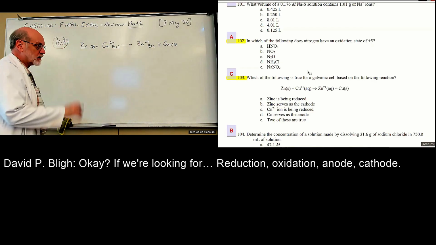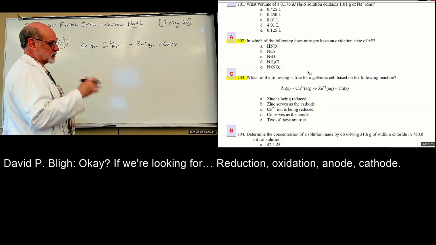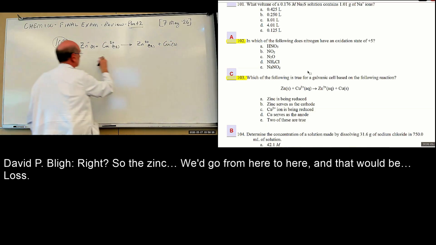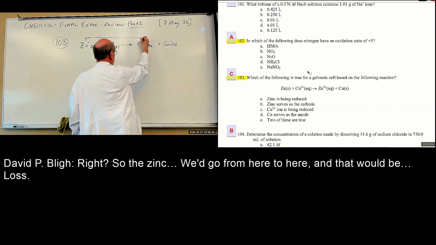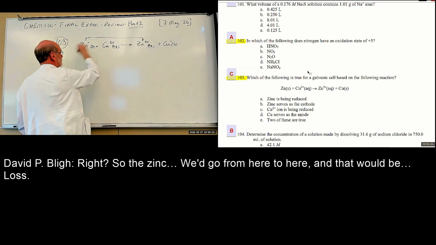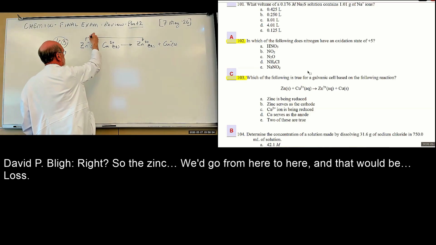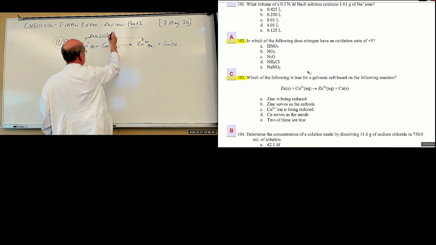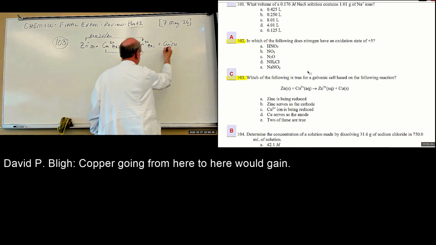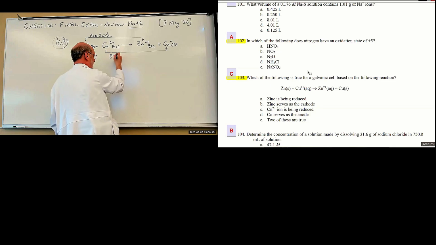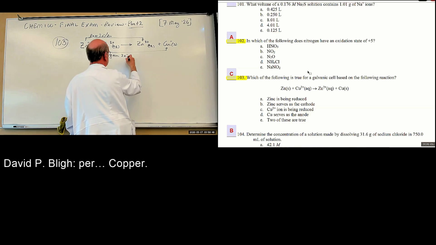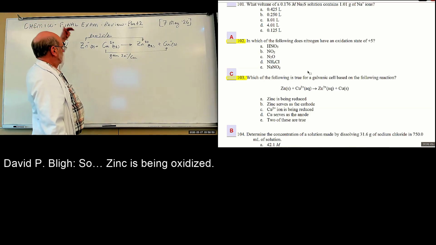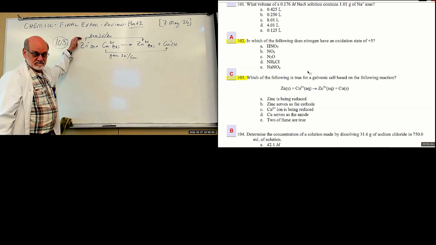Okay, if we're looking for reduction, oxidation, anode, cathode, we need to know what's going where. Right? So the zinc would go from here to here, and that would be a loss of 2 electrons per zinc. Copper going from here to here would gain 2 electrons per copper. Okay, so zinc is being oxidized.